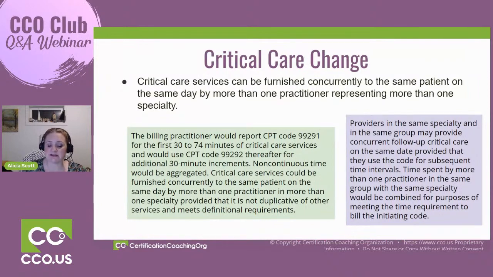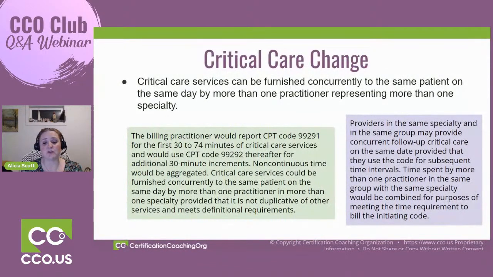Now look in the purple box. It says, okay, if you have providers in the same specialty, in the same group, they can provide concurrent follow-up critical care on the same day, provided they use the code for subsequent time intervals, meaning they're going to use that 99292 once they get over the 74 minutes.